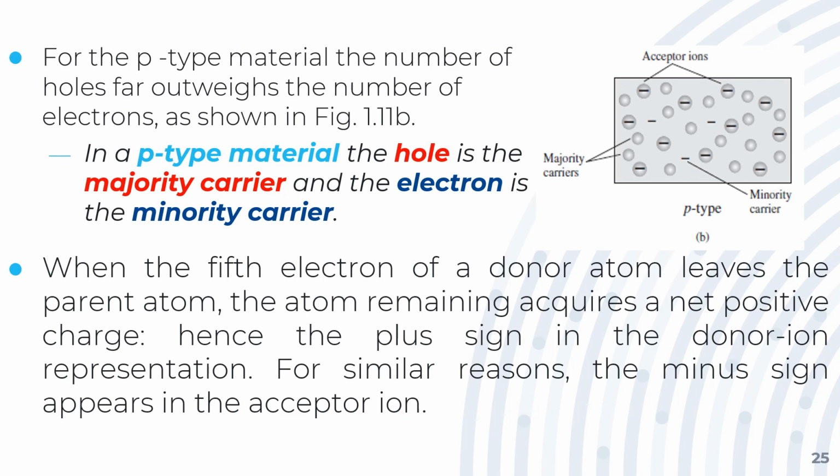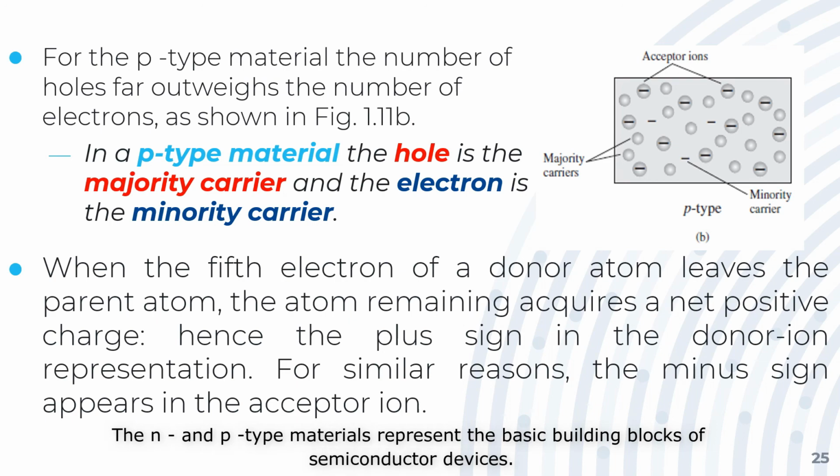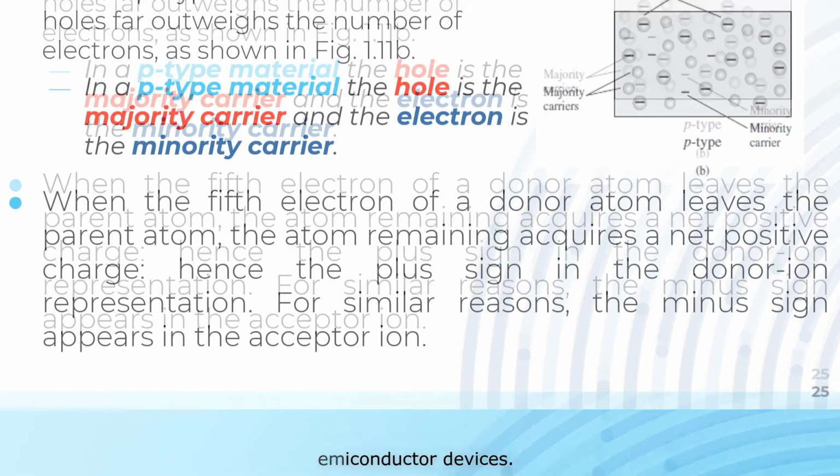Lagi nating tatandaan na nagiging majority carrier kung sino yung mas marami ang numbers. Kung mas marami ang numbers ng hole, therefore, siya ang majority carrier, therefore, p-type siya. Kung mas marami naman ng electrons, electrons ang majority carrier, and at the same time, n-type material siya. The n and p-type materials represent the basic building blocks of semiconductor devices.